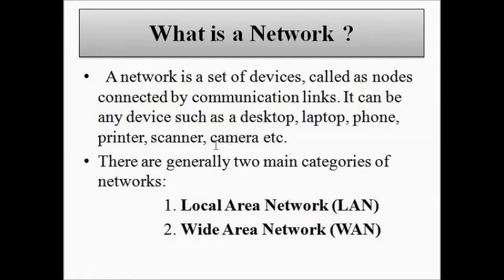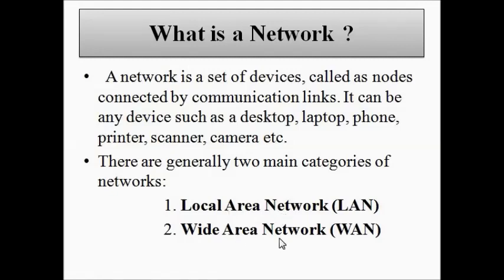So one of the ways of categorizing a network, mostly networks are categorized in terms of the geographical area or the physical distance that it covers. In terms of that, there are mainly two categories. One is the local area network, which is called LAN, and the other one is the wide area network, WAN. It is in terms of geographical coverage, network coverage in terms of physical distance, area.